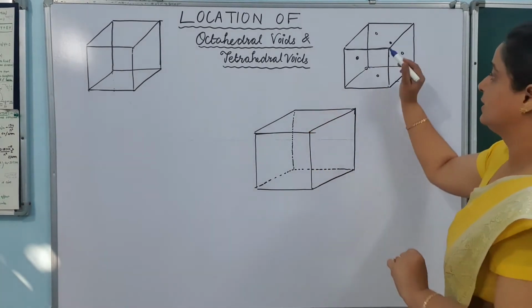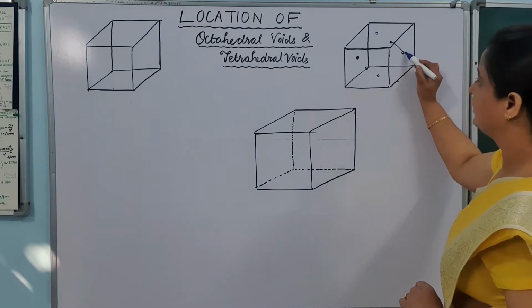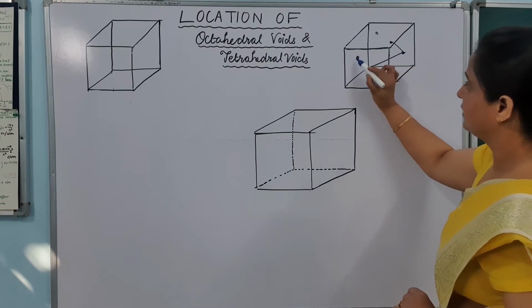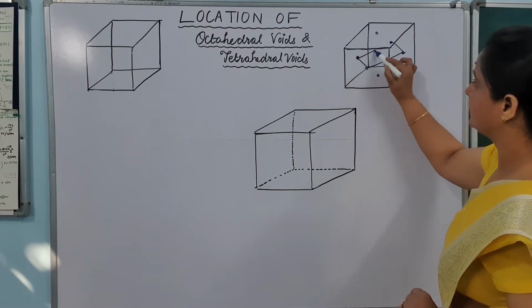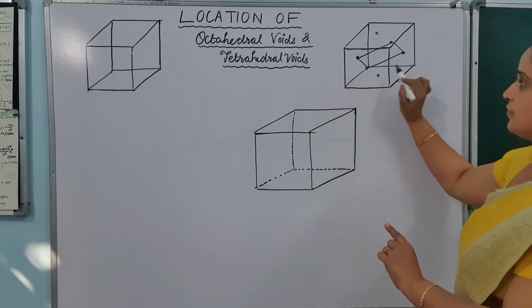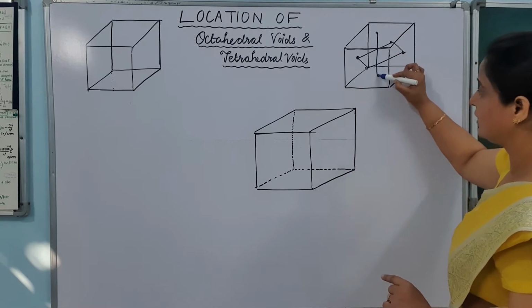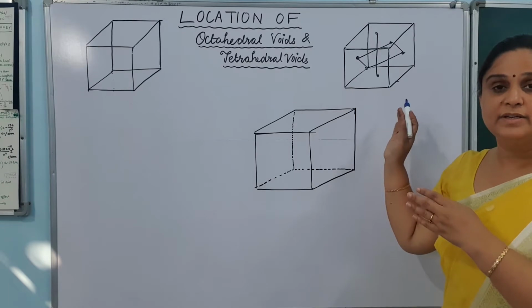I am going to connect this atom with the center of this face, this one, the center, this one, and the center, this one. So this way I have connected 4 of the atoms, 4 above and downside. So here you can see that this is an octahedral void, don't you?